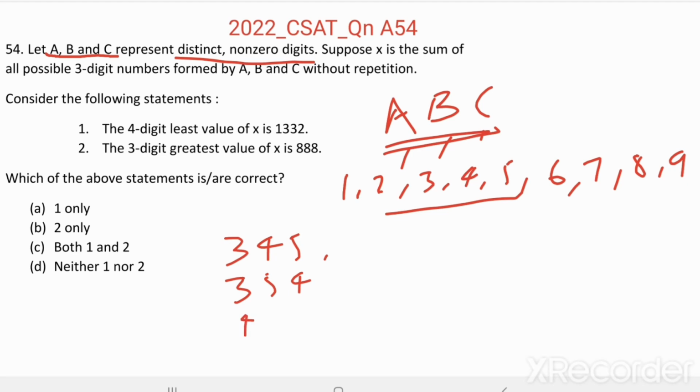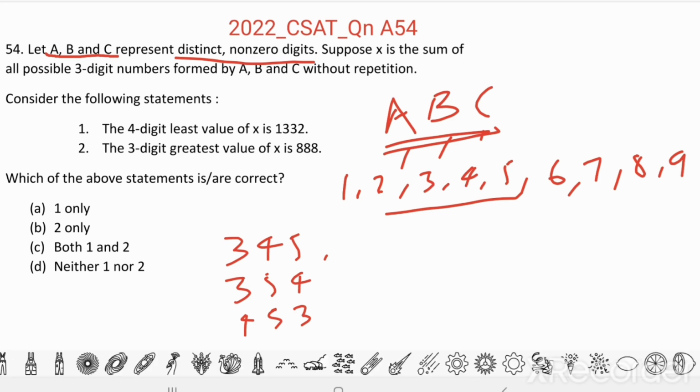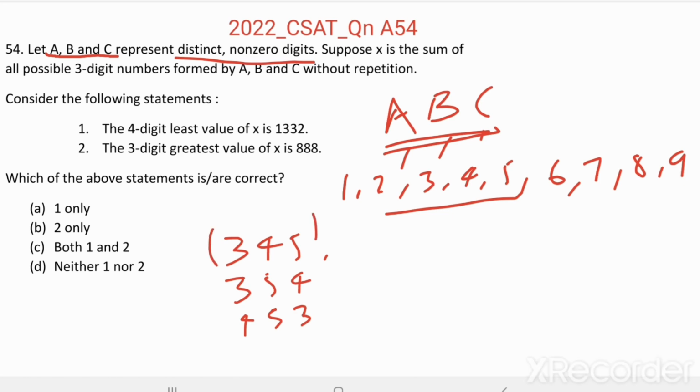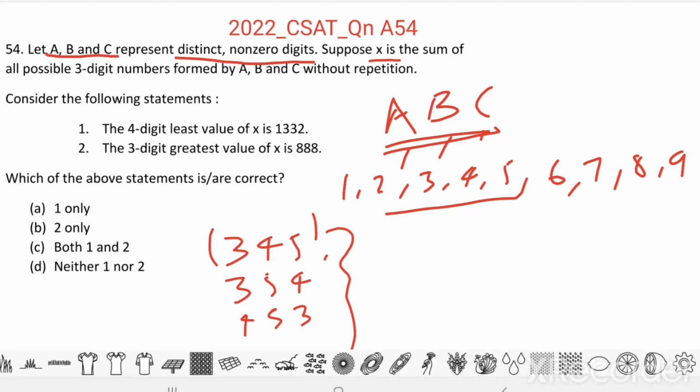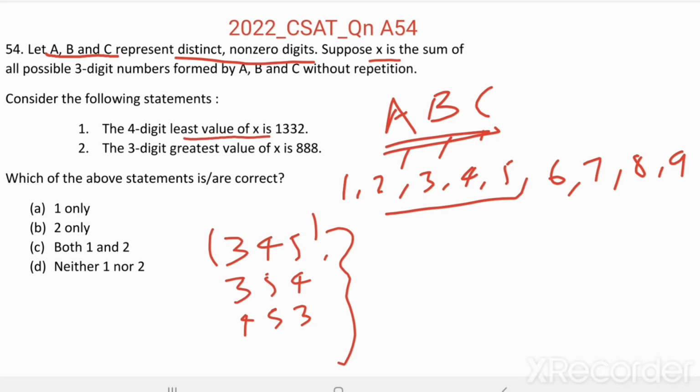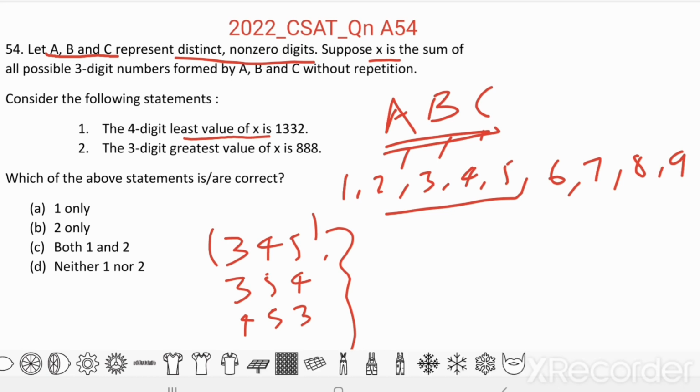Then 4, 5, 3. Like this, I can make different numbers using these 3 digits. So X is the sum of all these numbers. Then they are asking the 4-digit least value of X.